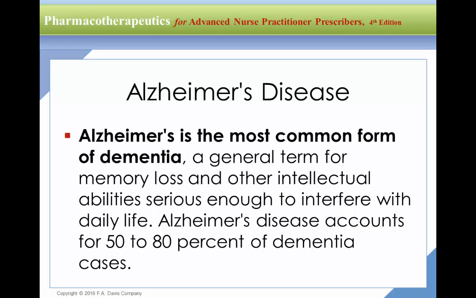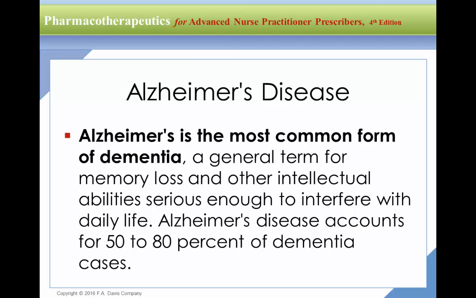Now let's talk about Alzheimer's that we discussed in the first class. So let's touch on it briefly. Alzheimer's, remember, is the major cause of dementia worldwide. The theory that we discussed in class is the cholinergic theory.